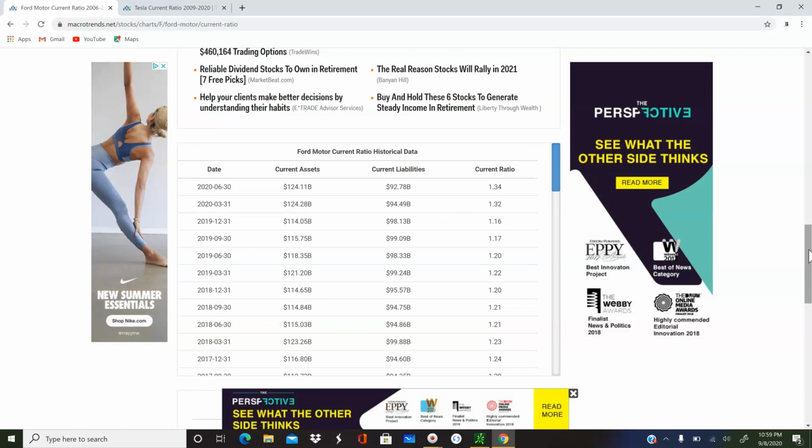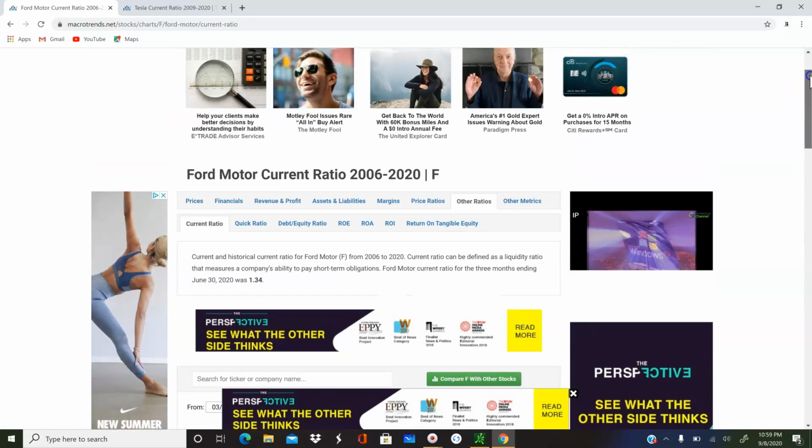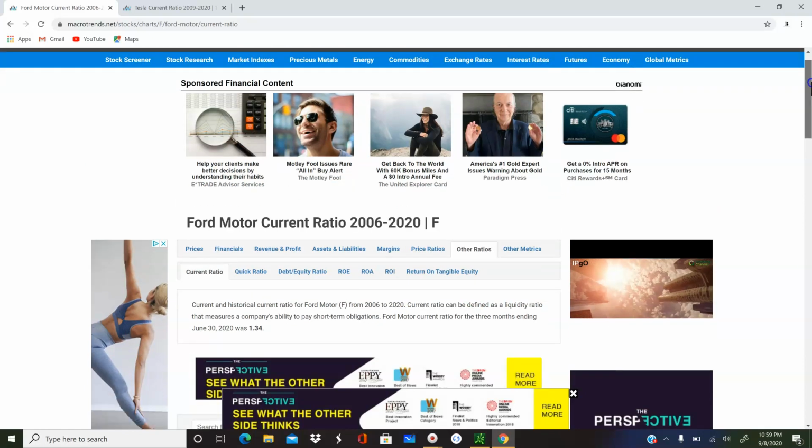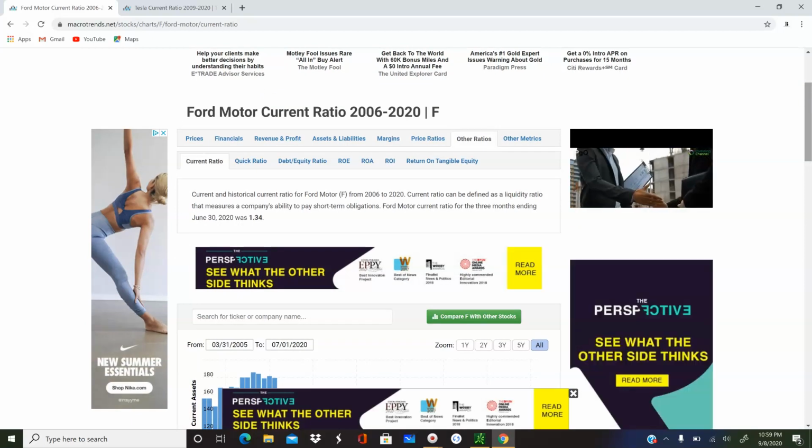So a better ratio that digs a little deeper, and I believe gives you better insight into short-term liquidity and solvency, is called the quick ratio.